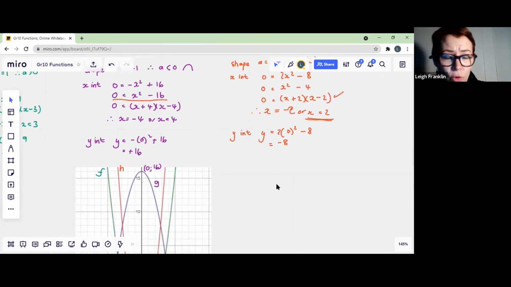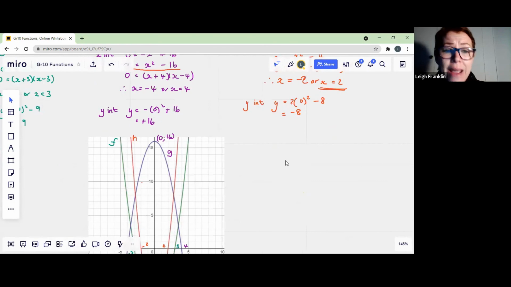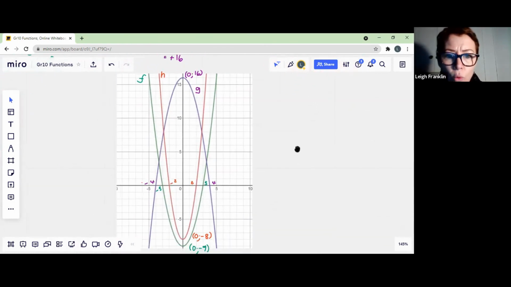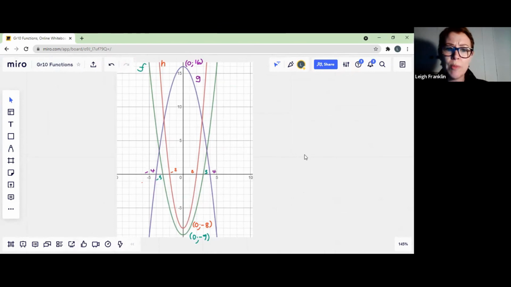Now what I did, grade 10s, is I plotted everything on the same set of axes. But again, I've color coordinated it for you so that you would be able to mark it. And can you see I've labeled each function? So there's F. You can see I've labeled -3 and 3, and its turning point or y-intercept at 0 and -9.